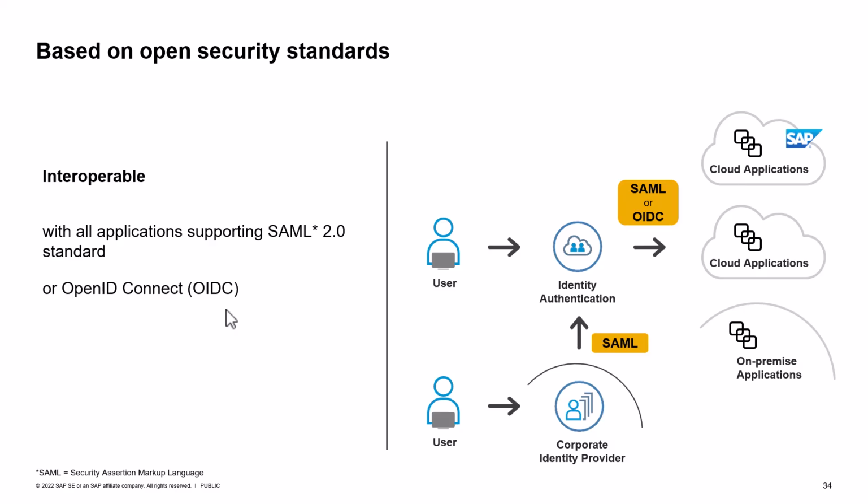But it is recommended that you always use OpenID Connect. So for all your applications, it's recommended to configure the cloud identity services with OIDC. So your corporate identity provider, once the user logs in, can send the SAML assertion, and the identity authentication can then use that to give the user access to the cloud applications.